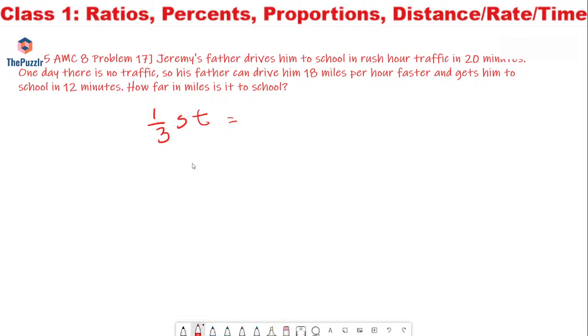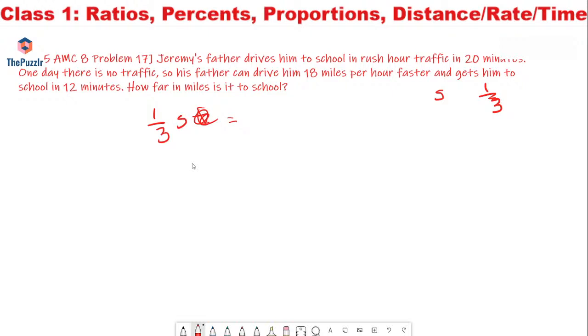Well, the normal speed for school is S. The time for the school is T, or that's 1/3 in this case. And notice I wrote 1/3 and not 20.